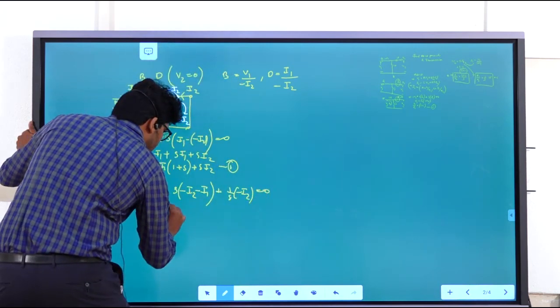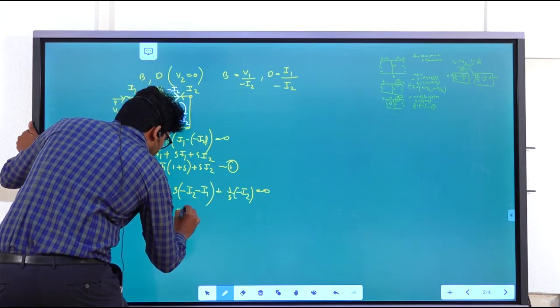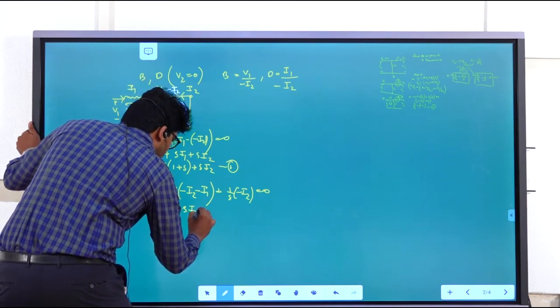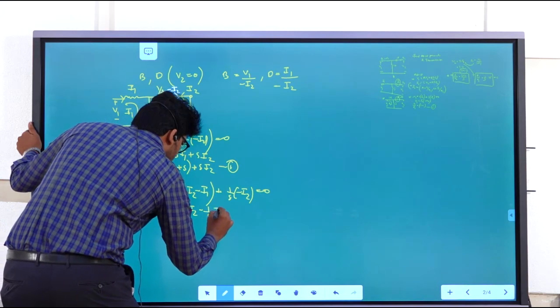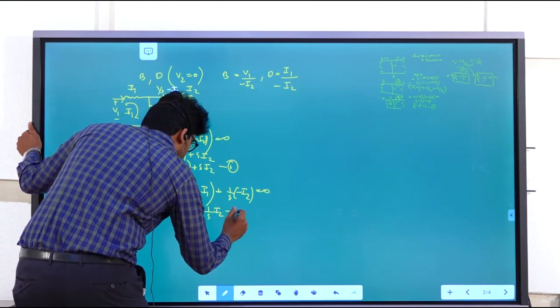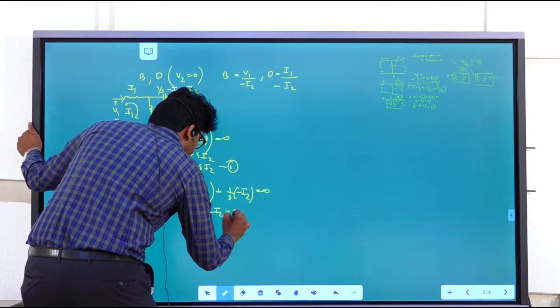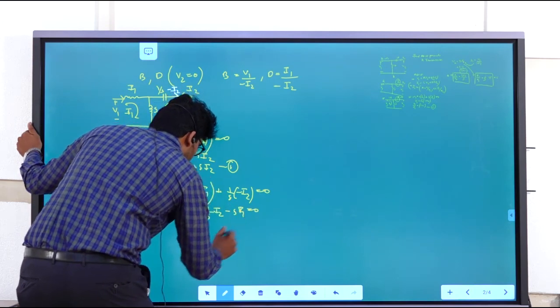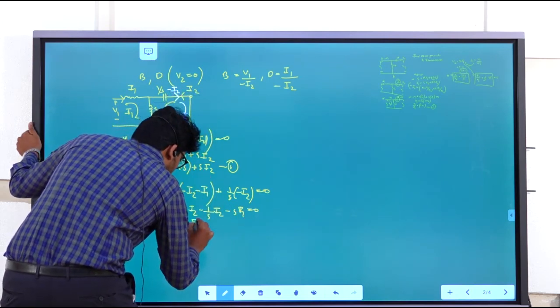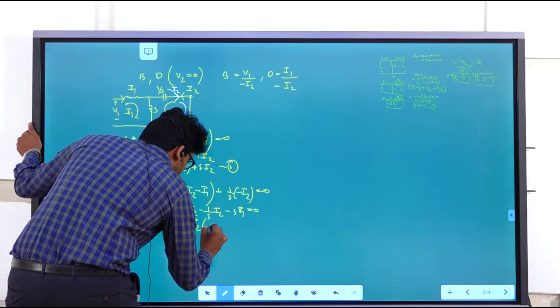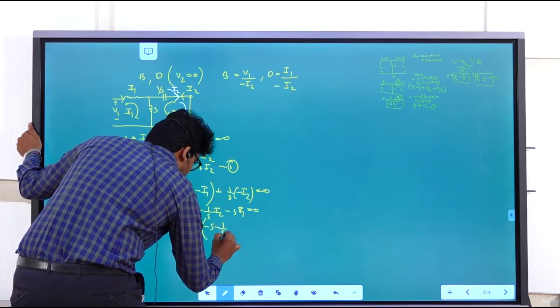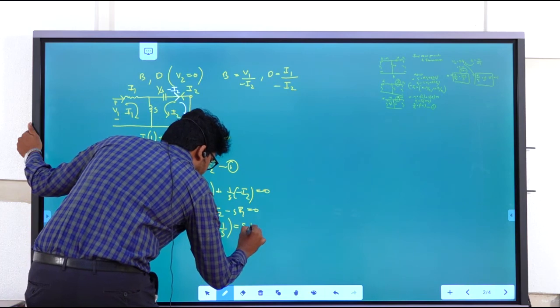From this equation we have minus S I2 minus 1 by S I2 minus S I1 equal to 0. Therefore you will get I2 common, minus S minus 1 by S, equal to S I1.